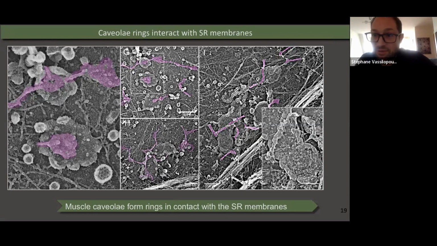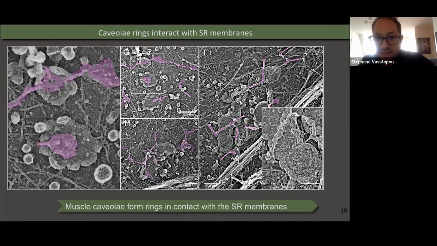like sarcoplasmic reticulum, which is always there in these preparations. We always see it. We weren't expecting to have such an intimate interaction with these caveolin rings. Every time the SR is colored in purple here, you have another one here and another one here. In this example, you have a double ring, which is all surrounded by these ER tubes.